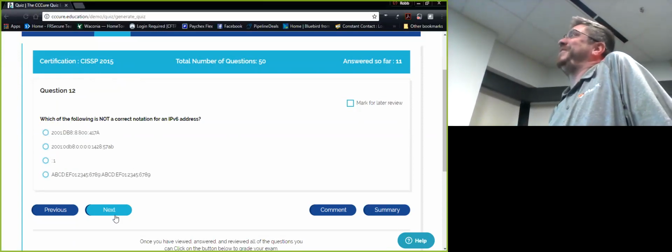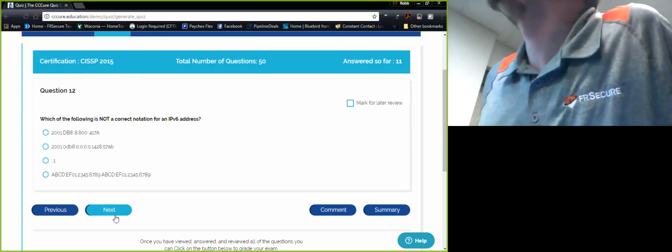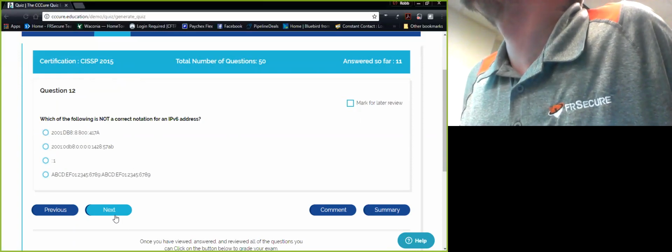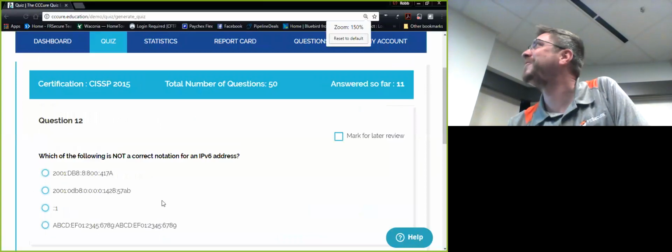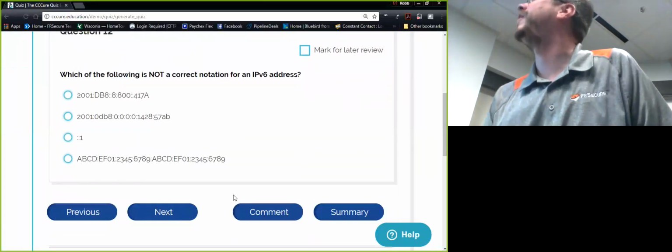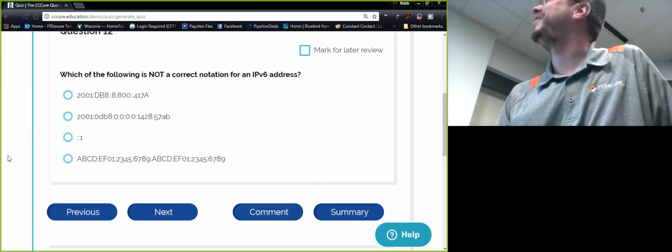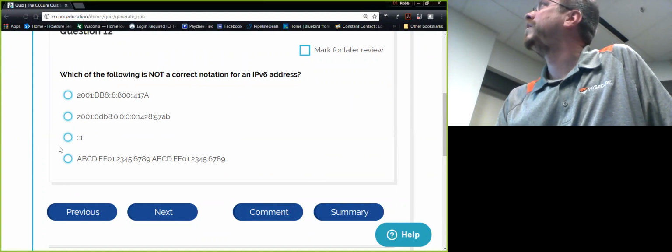Which of the following is not a correct notation for IPv6? Which one was... I can't tell, but the colon, there we go. All right. Okay, there are 2 colons in that one. So that one's... Too long.